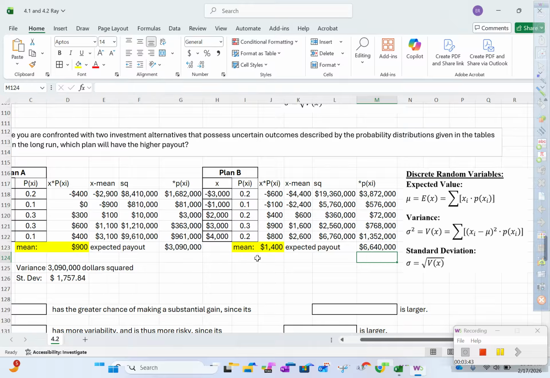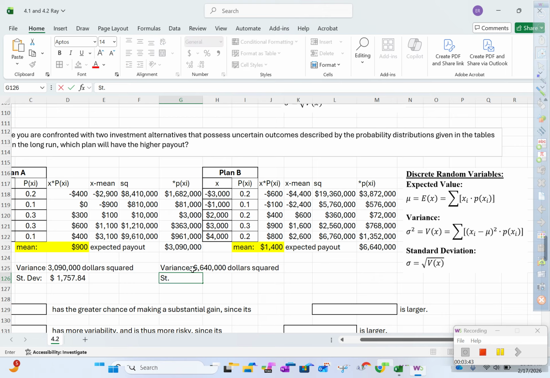So my variance for this one is $6,640,000 squared.